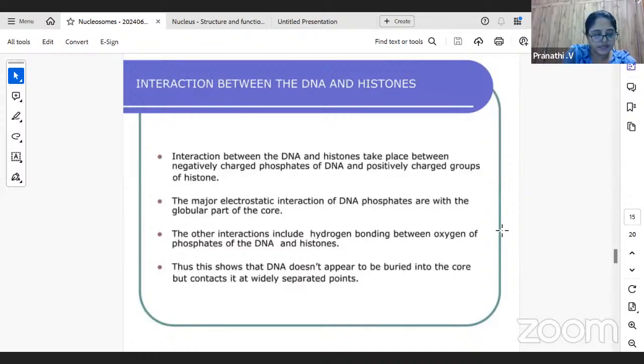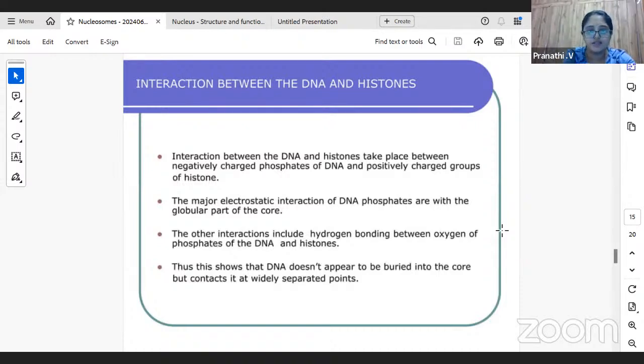Now, the negatively charged phosphate of the DNA and the positively charged lysine or arginine present inside the histone are going to form the bond over there. And this is going to make the core electrostatic interaction within the nucleosome. Other interactions are the hydrogen bonds between oxygen in the phosphate group PO4 minus 3 and histones.